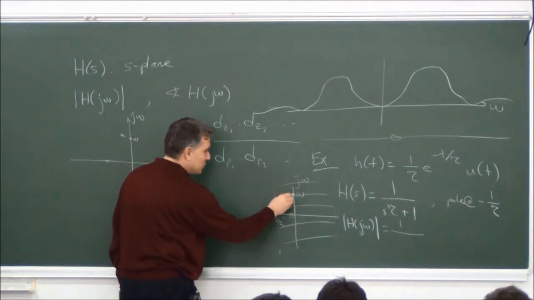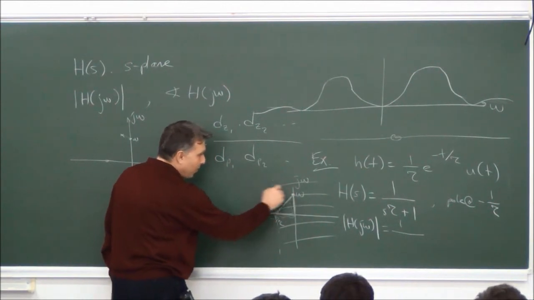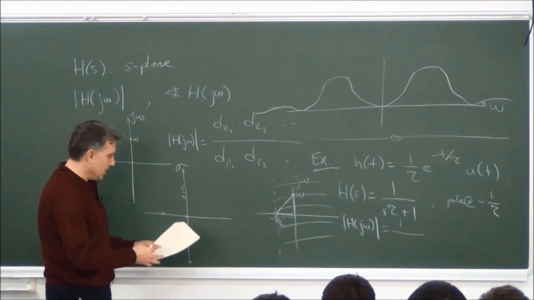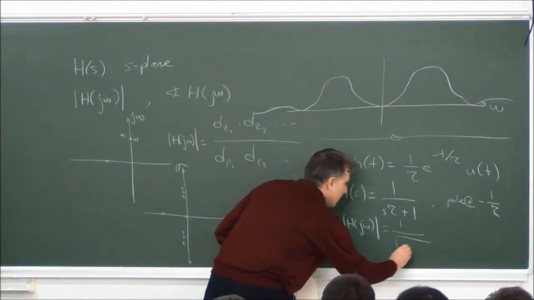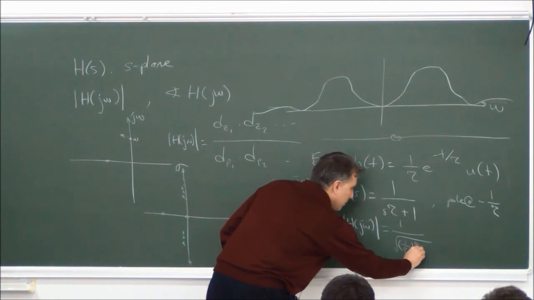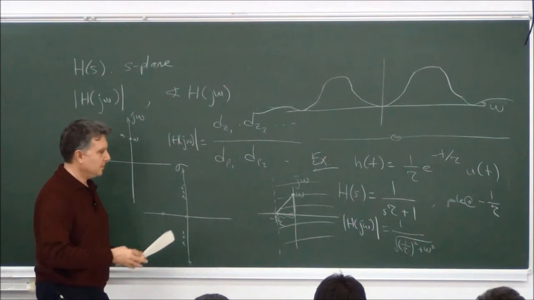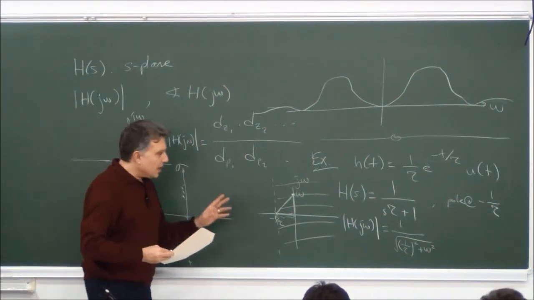Yeah, we already assumed it to be omega. So what is the distance from the pole to that point? It must be the square root of 1 over tau squared plus omega squared, isn't it? This is the distance that we have to consider.